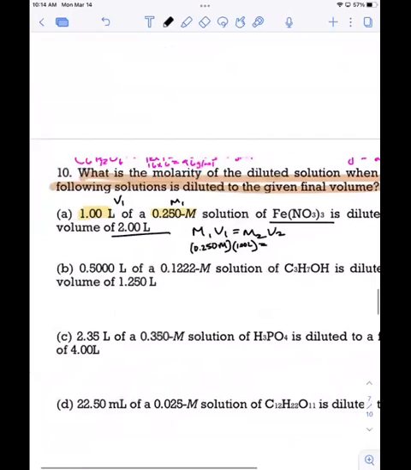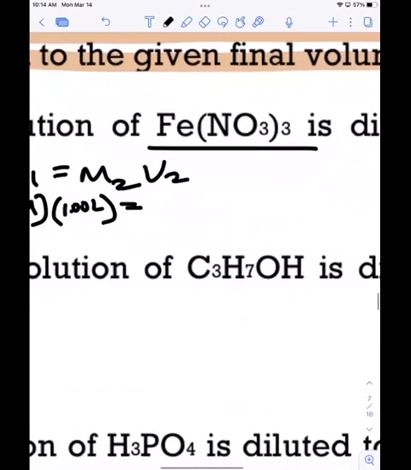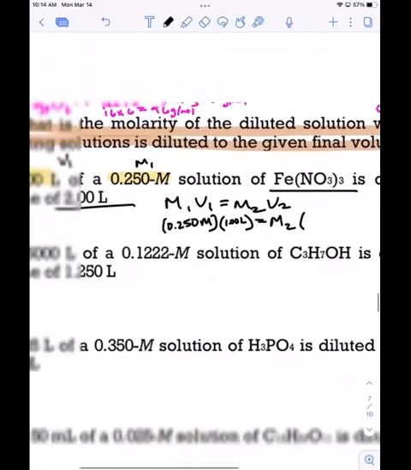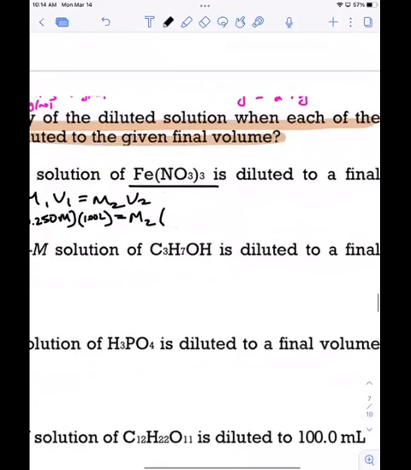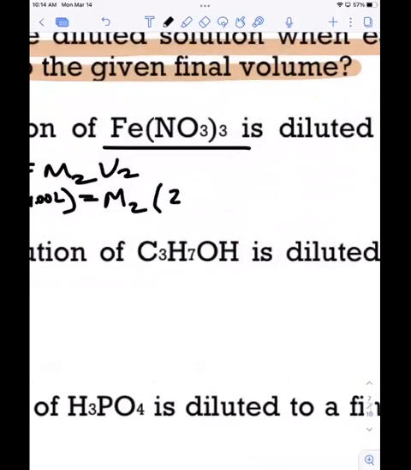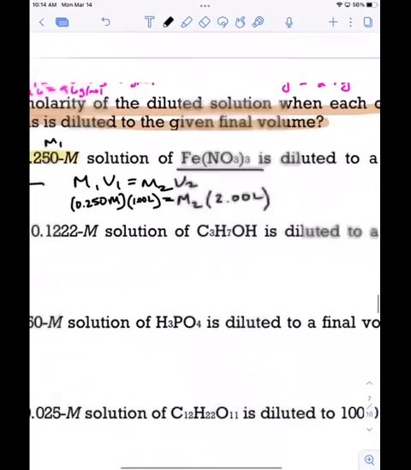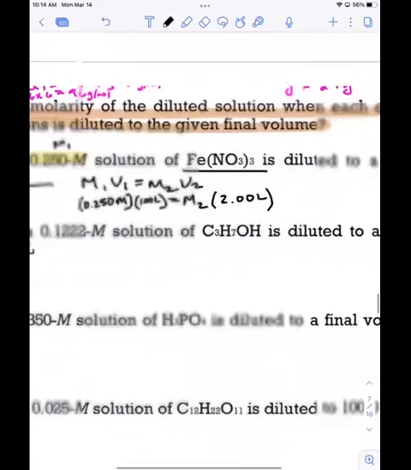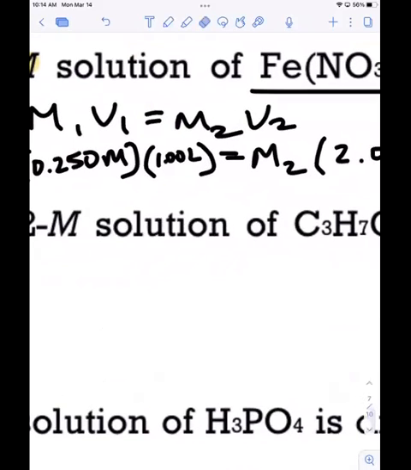We're trying to find the molarity of the second, the diluted solution. So this is M2 times V2, which is, what did it give us? 2 liters? Yeah, 2 liters. 2.00 liters. Everybody following that? And let me make sure that we don't have any confusion here.